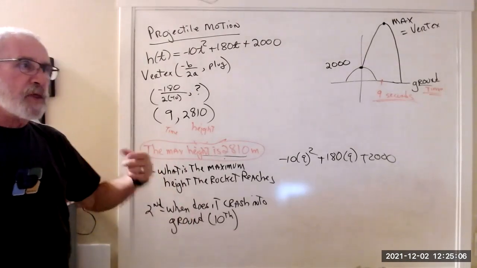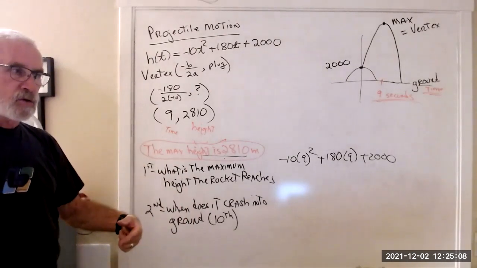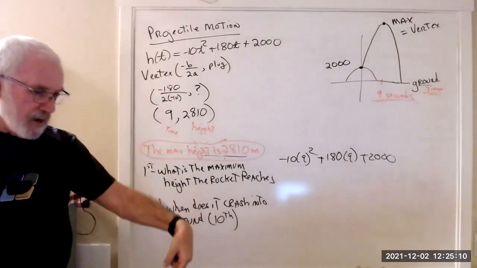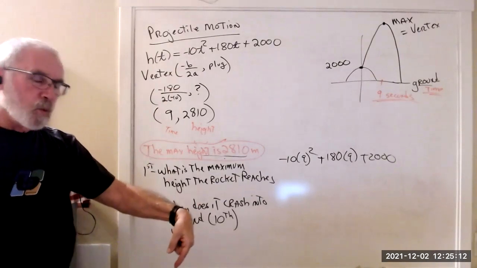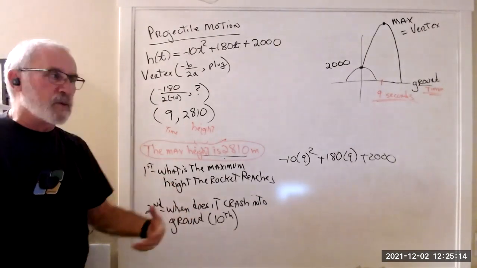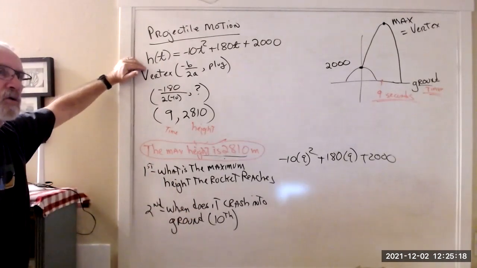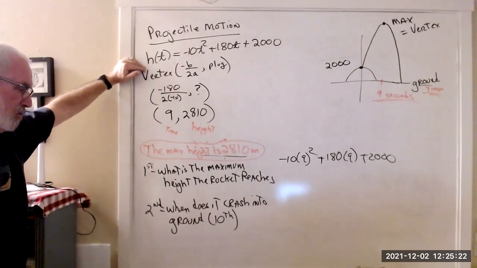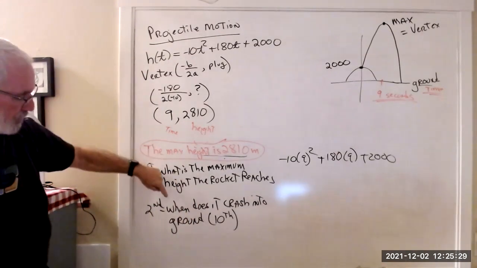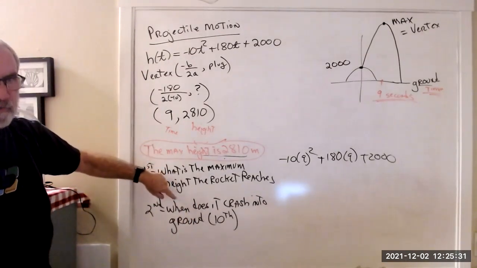When it hits the ground, bam, what fact do we know? Here's our formula. What's true when it hits the ground? Do we know the time? No, because when means find the time.